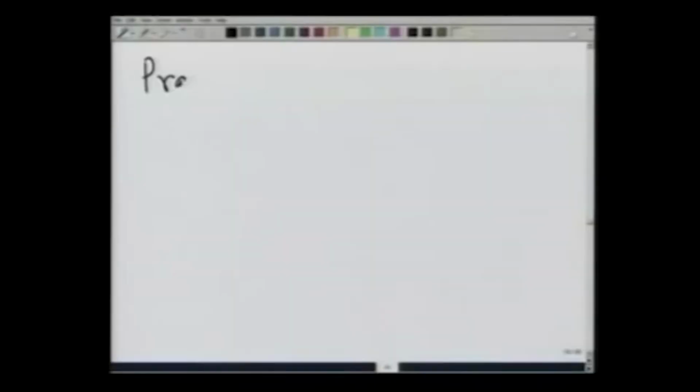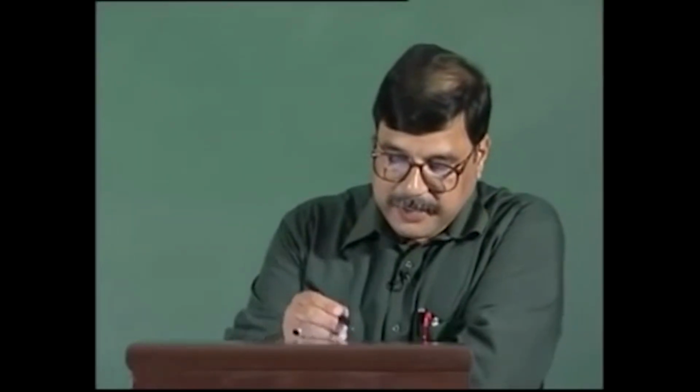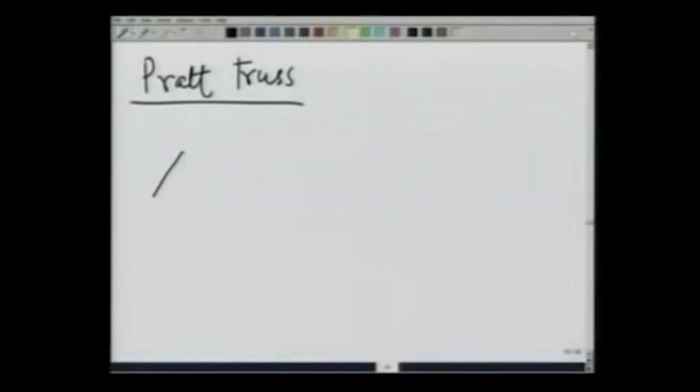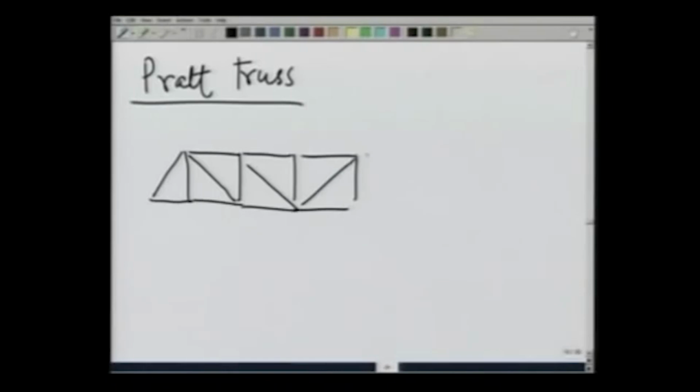Several examples of trusses that you see in everyday life are, for example, Pratt truss, which is like this. It is put on the supports here, and these are joints.